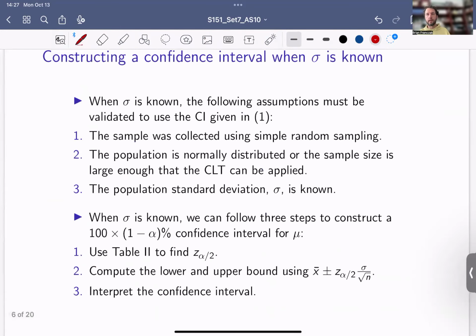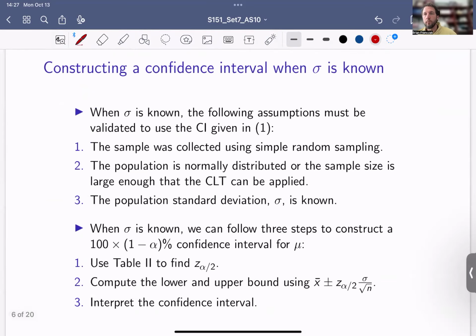So in general, when we are constructing a confidence interval, if we know the population standard deviation, we must also be able to say that we used simple random sampling. So we want the sample to be representative.